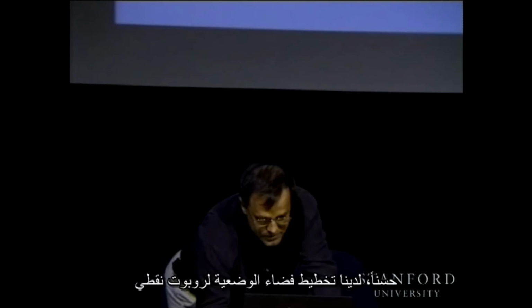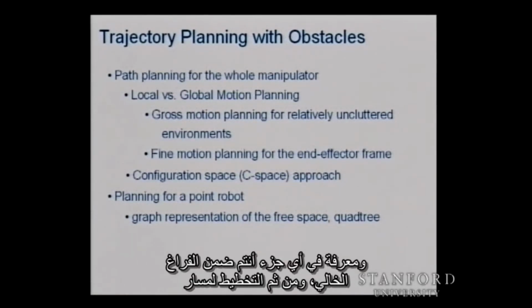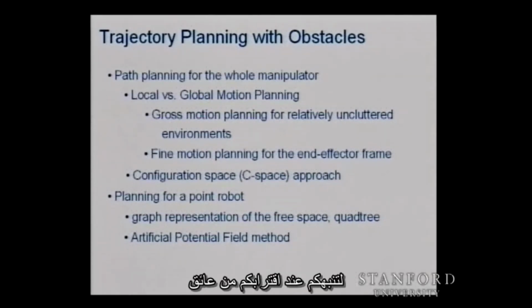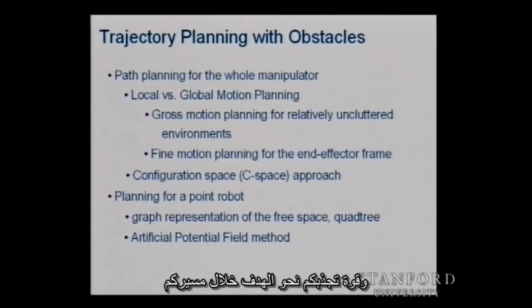So we have C-space, planning for a point robot. You can put a graph representation of the free space, build a quad tree, know which part of the free space you are in, and then plan a path. You can also use the artificial potential method: as you go closer to an obstacle, a force repulses you from the obstacle, and a force attracts you to the goal.